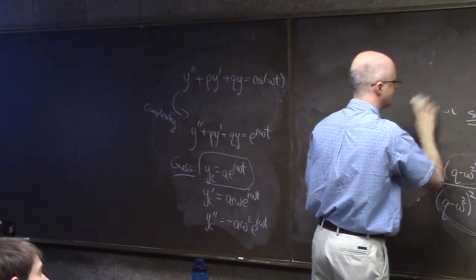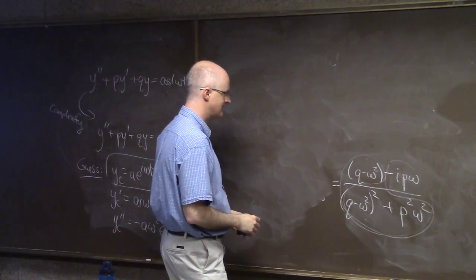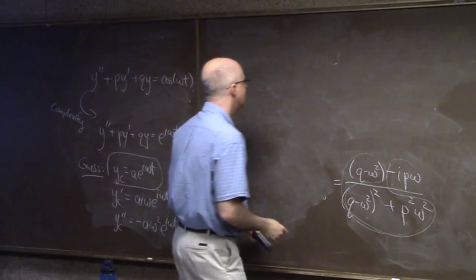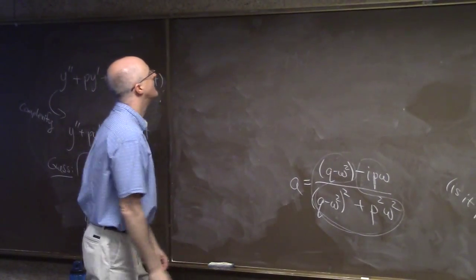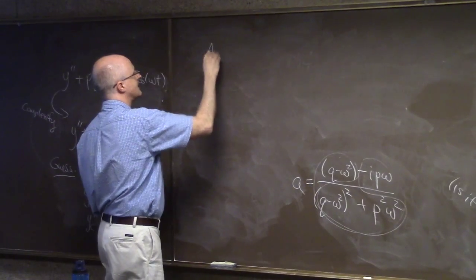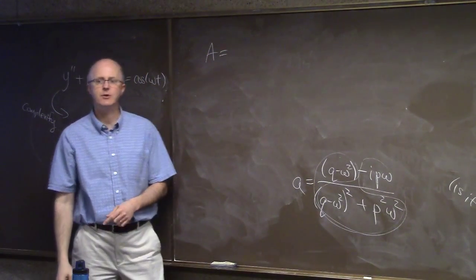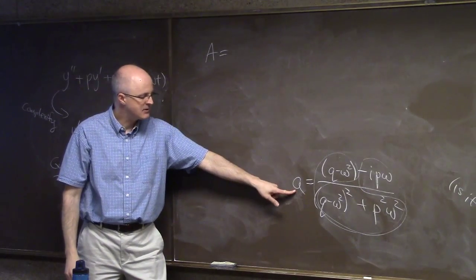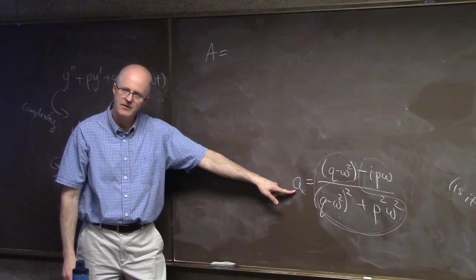What do they find? They find that A is equal to the distance between little a and the origin in what's called the complex plane.